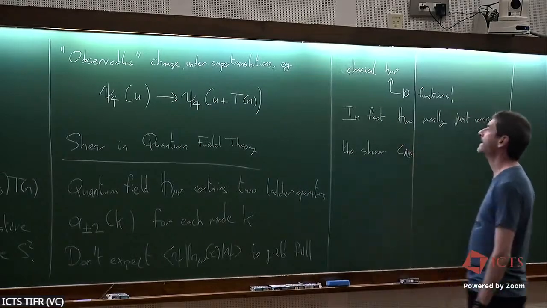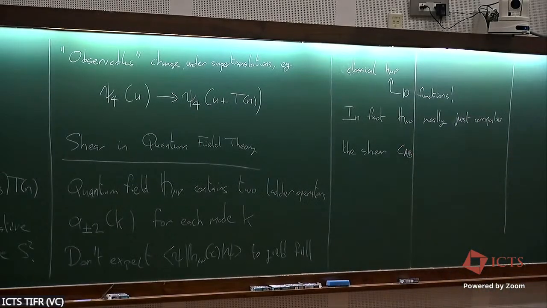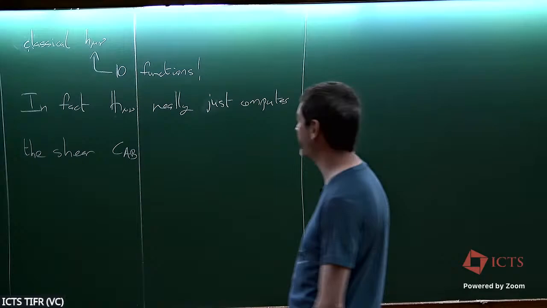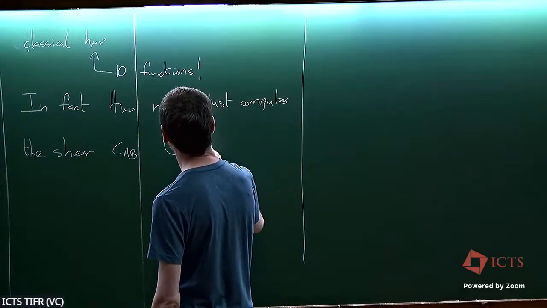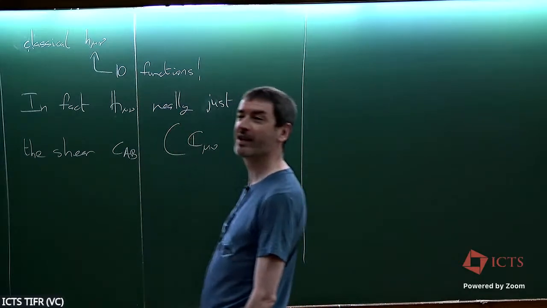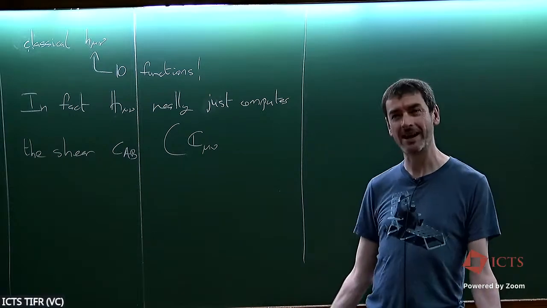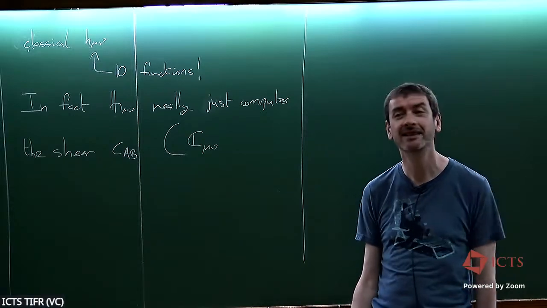So in a way, the notation h mu nu is not quite the right notation. I should have called the operator C mu nu or something like that to begin with; it's called a shear operator. That would actually be a more reasonable name for it.